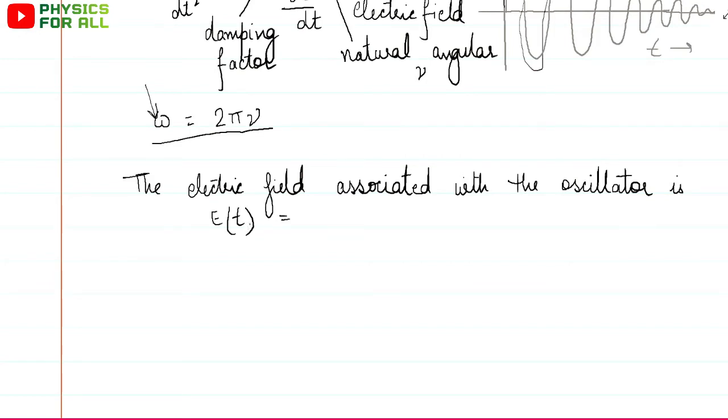So time is really important here. So this is equal to E naught, which is the amplitude, times e raised to the power minus, because it is exponentially decaying, of iota omega naught, the natural angular frequency, plus gamma by 2, times t. It's a function of time, so t will always be there.